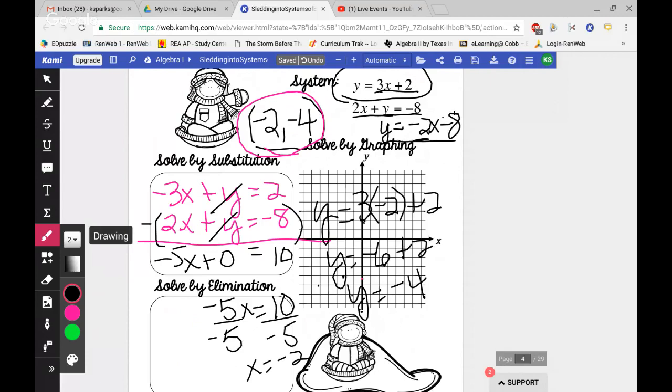The whole point behind the packet was that it was self-assessing, so that once you did it by substitution, if you didn't get the same points for all three ways, then you knew you did something wrong and you were supposed to go back and correct it.